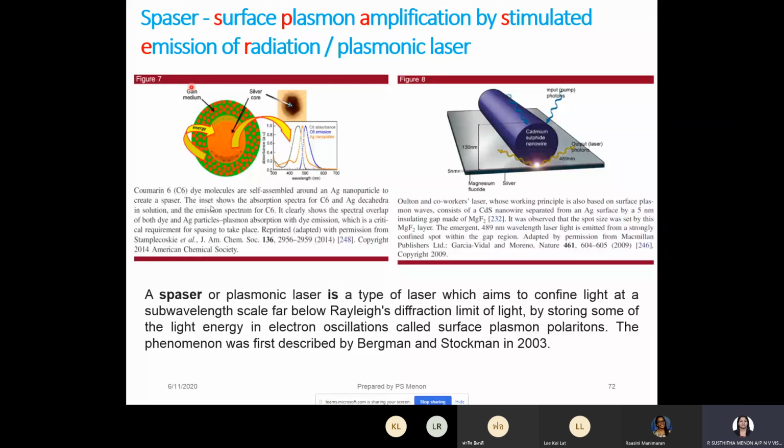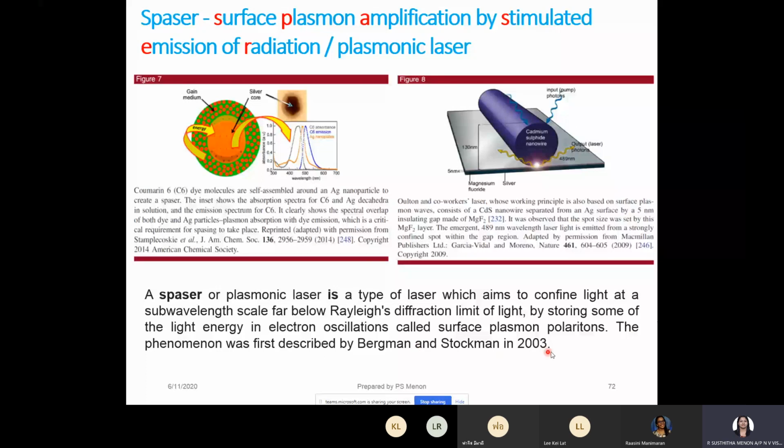So what is a spaser? A spaser or plasmonic laser is a type of laser which aims to confine light at a sub-wavelength scale, below the Rayleigh diffraction limit of light, by storing some of the light energy in electron oscillations called surface plasmon polaritons. This phenomenon was first described by Bergman and Stockman in 2003.